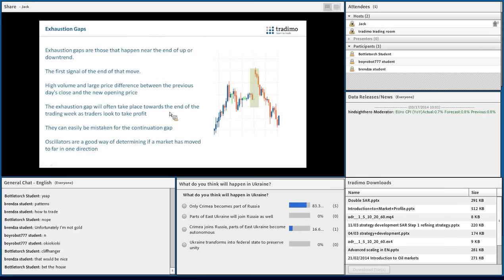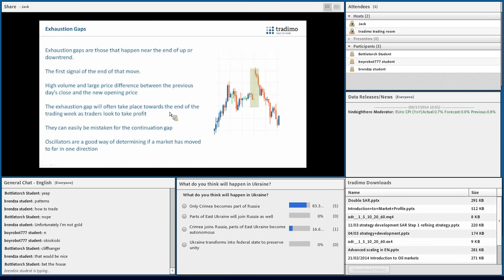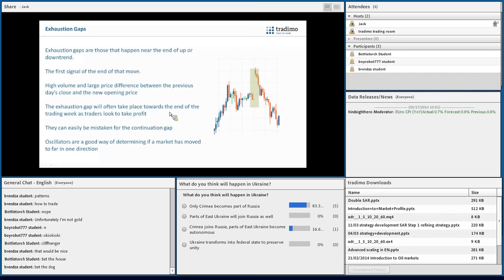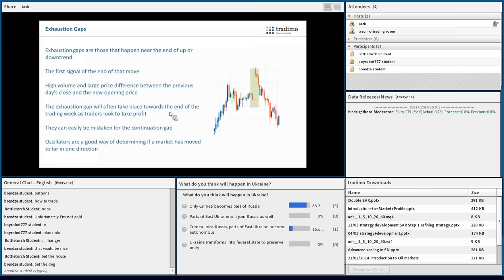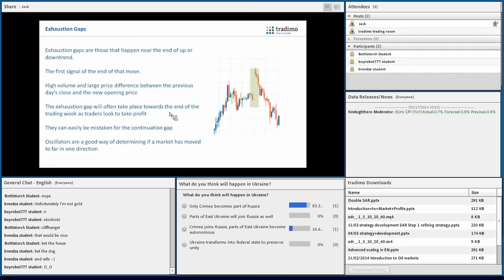Not necessarily bet the house, but I'll be honest, it's made a lot of positive trades. You're talking about a trade that will make maybe, because it's a daily time frame, 500 pips, 1,000 pips, and potentially the loss will be quite insignificant. But I'm going to show you the optimal system for it.